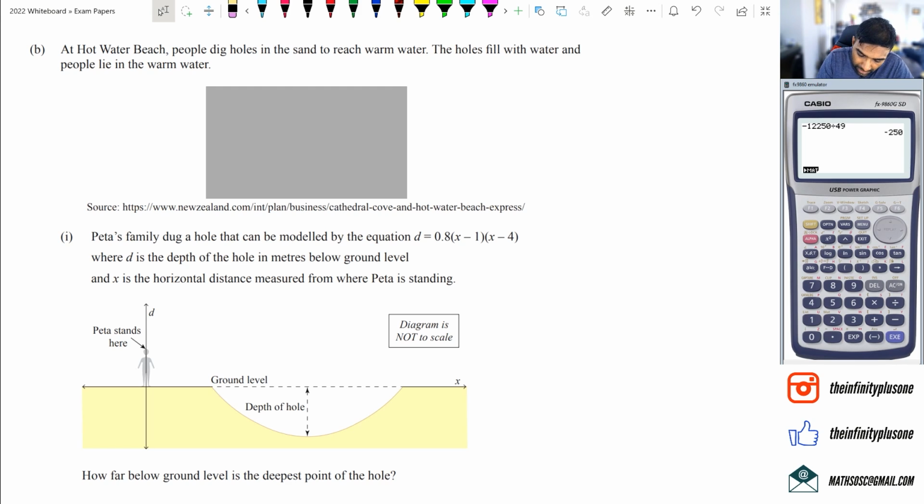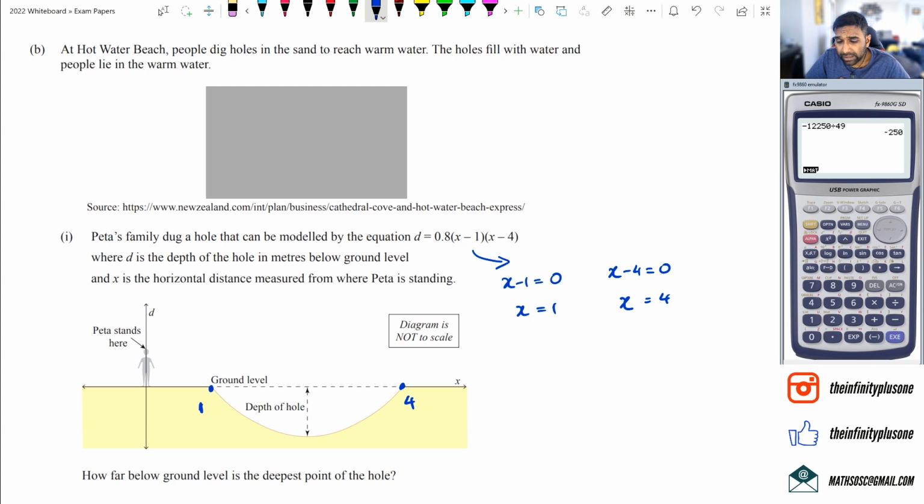So think about it like this, right? Notice how you've got x minus 1 and x minus 4. Basically you go x minus 1 equals 0, which gives you x equals 1, and x minus 4 equals 0, which means x is going to equal positive 4. So this point right here is 1, and this point right here is 4.